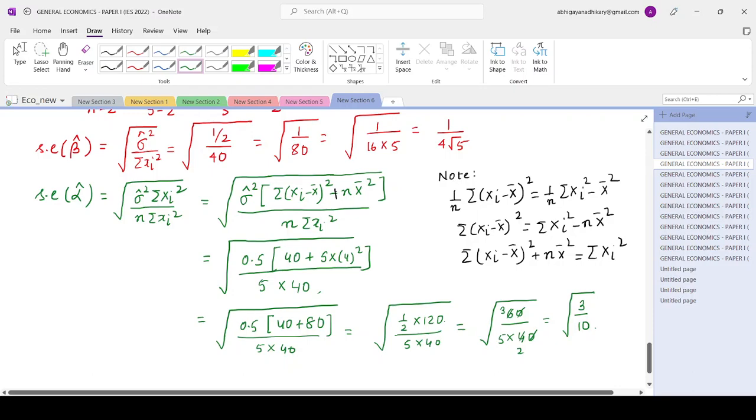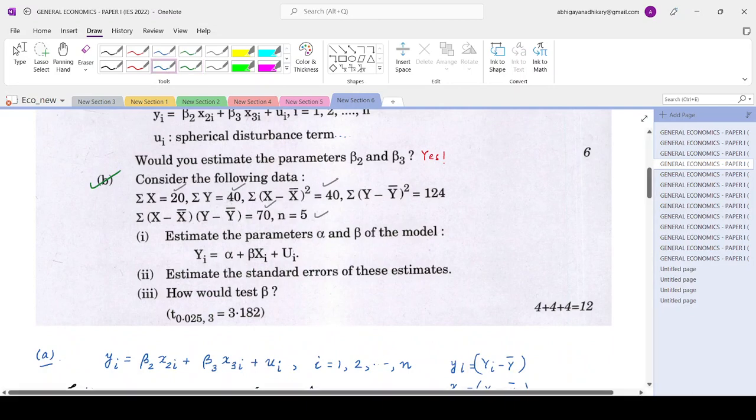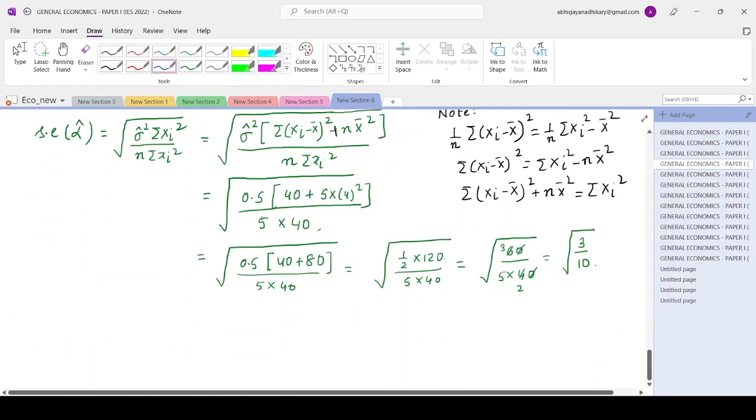Okay. So now the next part of the question was: how would you test for beta, given this critical value? T of 0.025 comma 3 is 3.182. So to test for beta, what is my hypothesis that we want to test? H naught: beta equals 0, versus the alternative hypothesis H1: beta not equal to 0. So what is my test statistic in this case?